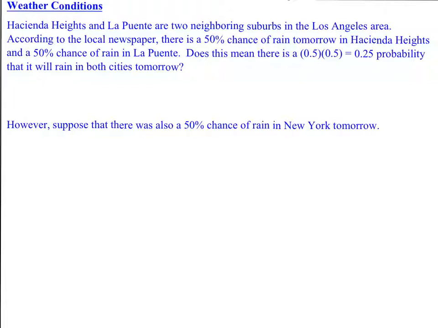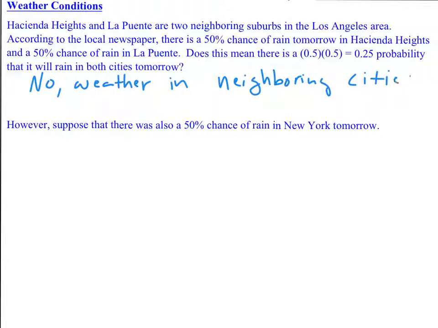Well, the answer is no. And here's why. The weather in neighboring cities isn't independent, okay?